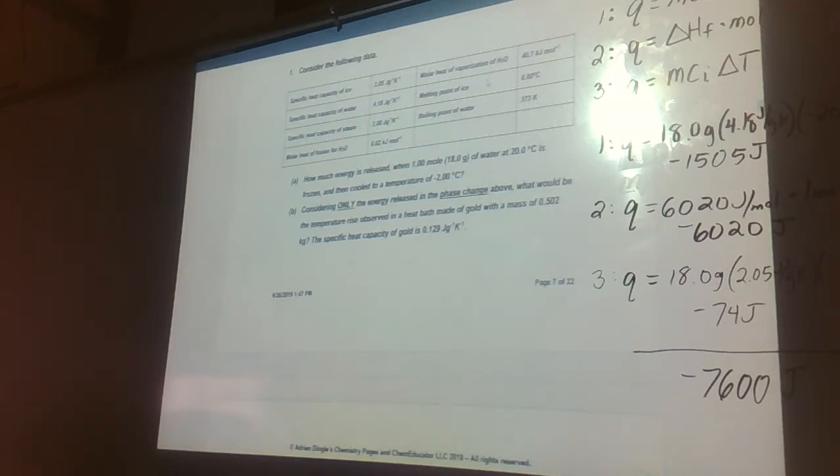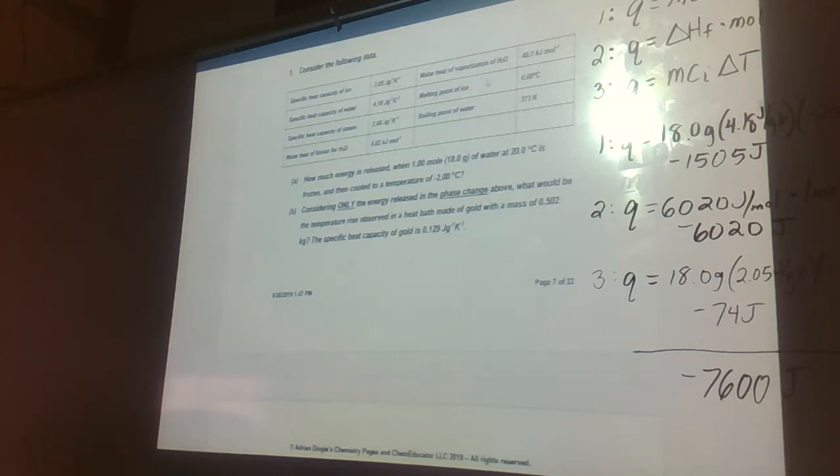That would be the answer to A, the energy released. So 2 options here. You can say -7600 joules, or you can say 7600 joules of energy released. Those are synonyms. This means released. If you say -7600 joules released, that's like a double negative. You can't say both. 7600 joules released, or just -7600 joules.